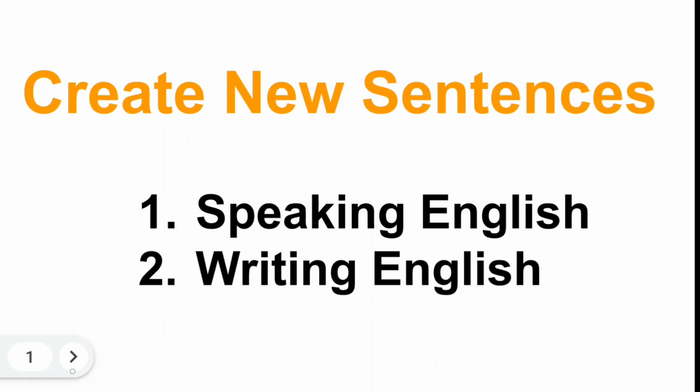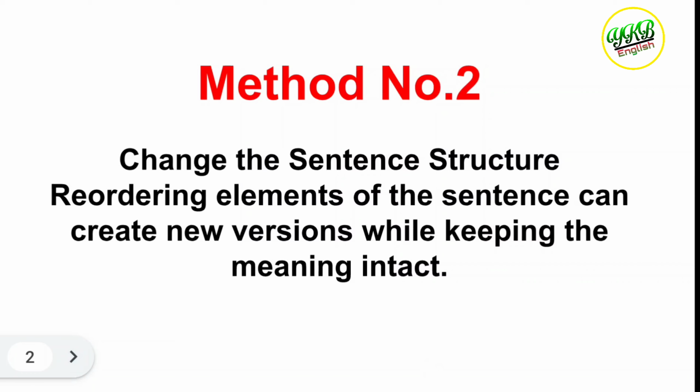Our second method is very important here. The second method is to change the sentence structure. If you don't know about sentence structure, please watch both sentence structure videos on this channel.